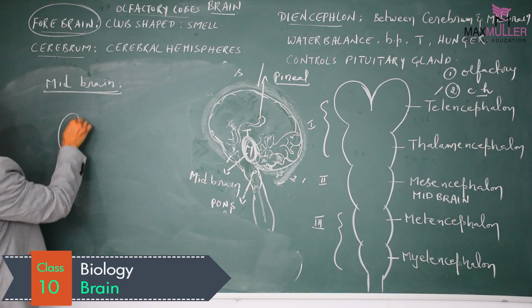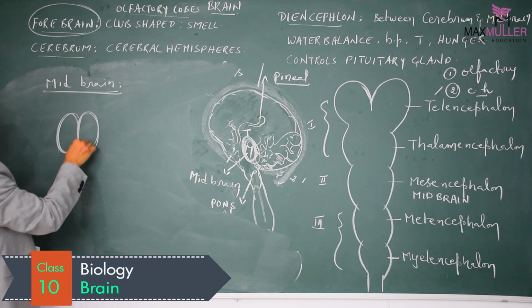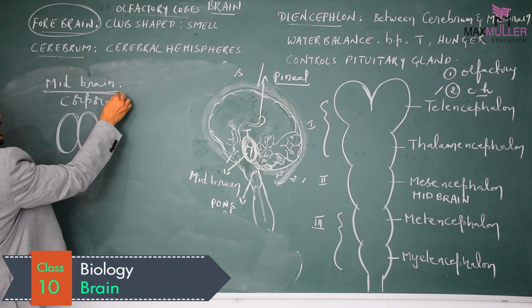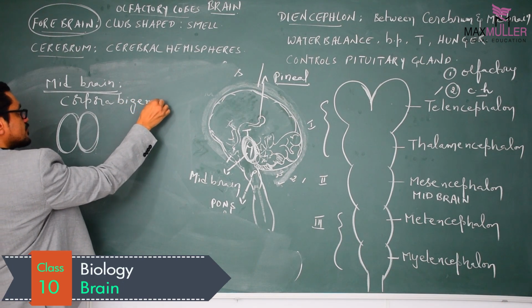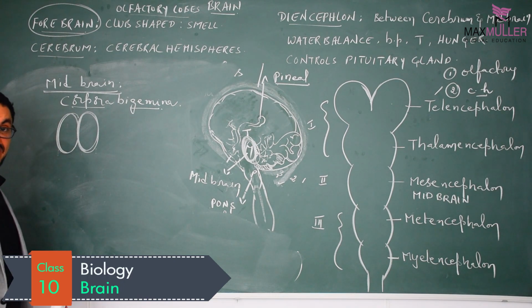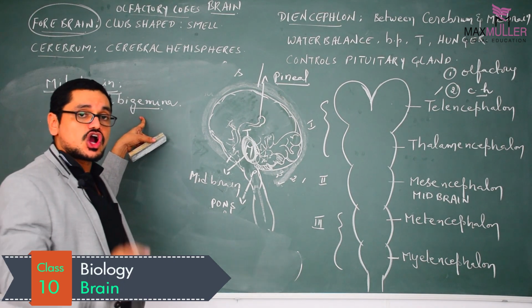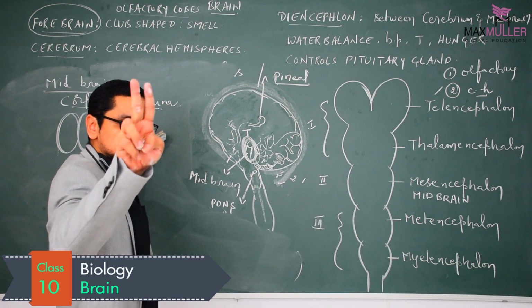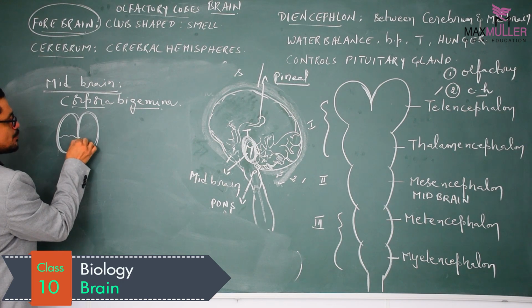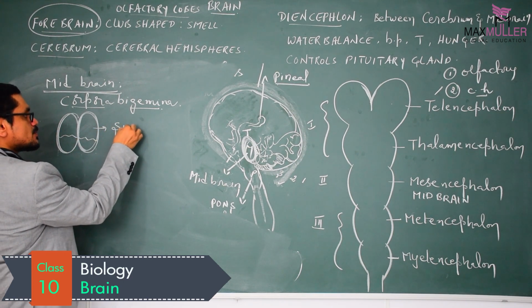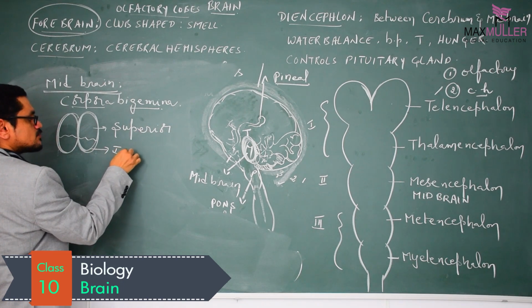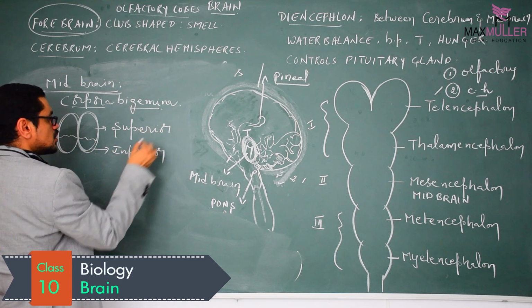colliculi. Actually these two lobes are called corpora bigemina. C-O-R-P-O-R-A, corpora bigemina. Corpus means body, bi means two. The two superior lobes are called superior colliculi, and the two lower lobes are called inferior colliculi.